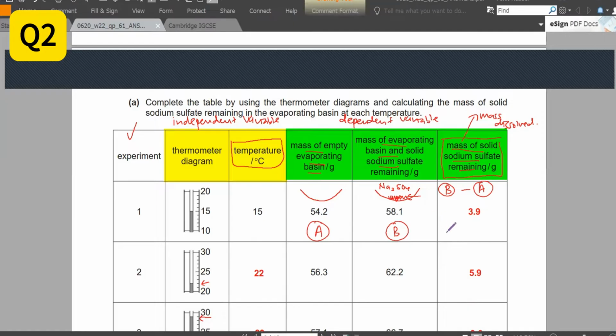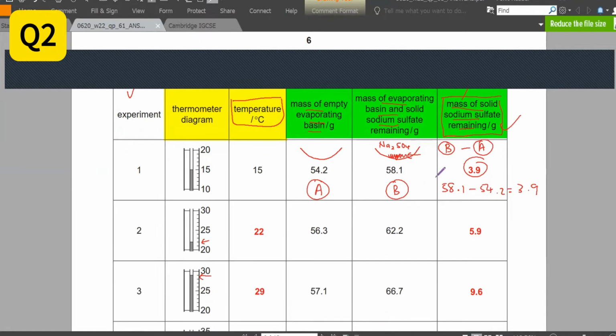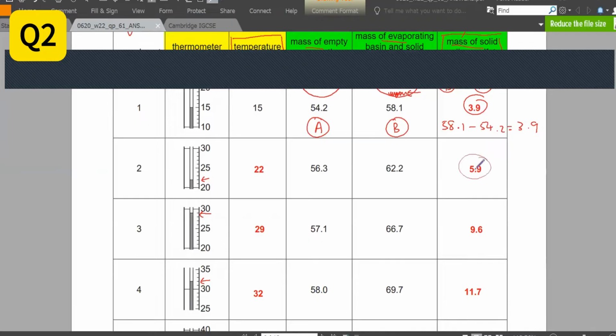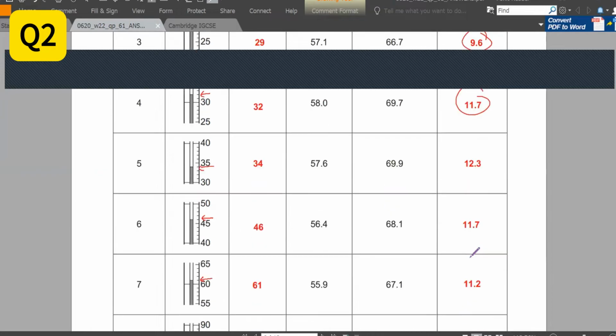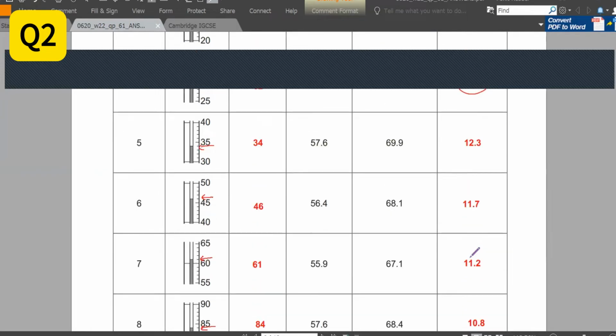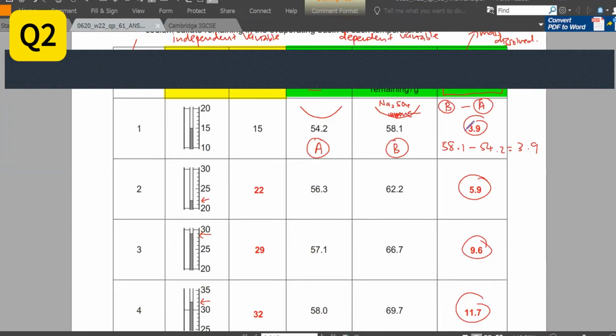For example, the first one, 58.1 minus 54.2, so that will give us 3.9. So this is how we find out the mass that has been dissolved. We can do the same for all of them. And then according to our expectation, we can see that as we increase the temperature, the solubility increases.